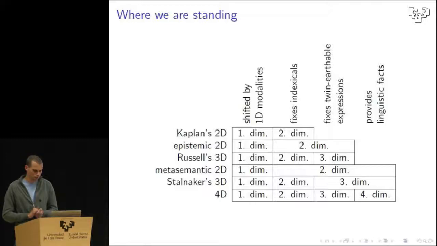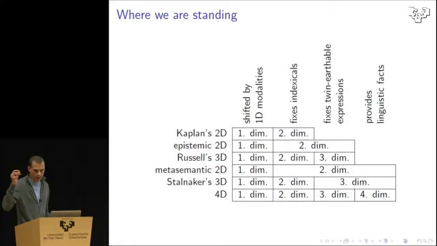Now, what Chalmers replies to this kind of objection is that, well, basically it doesn't really matter what we call meanings, right? The interesting thing is that we can just set up the framework in this way. So I think the interesting point here is not what we call the meaning, but whether we can really make this distinction between the third and the fourth dimension, which is crucial for the epistemic interpretation.